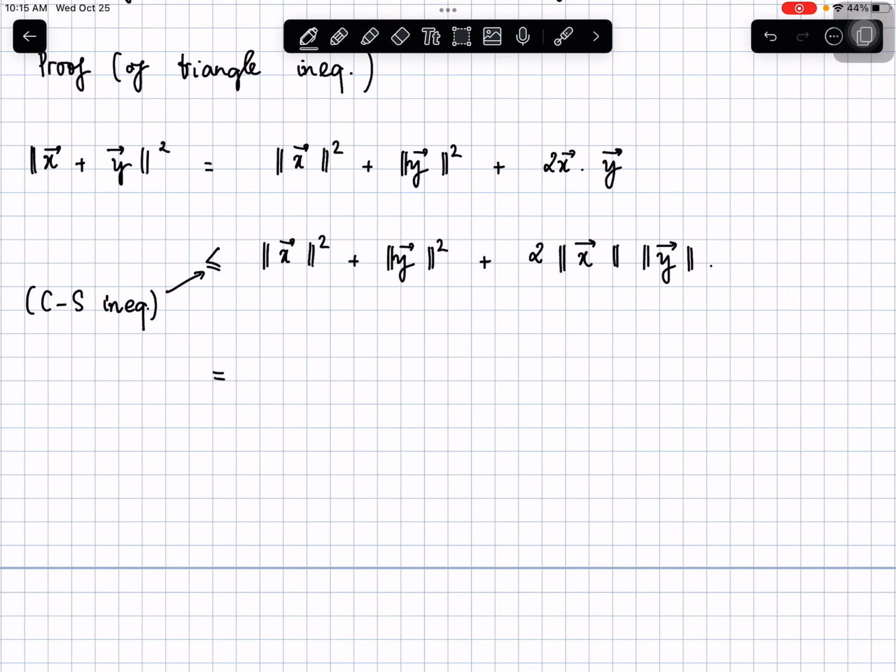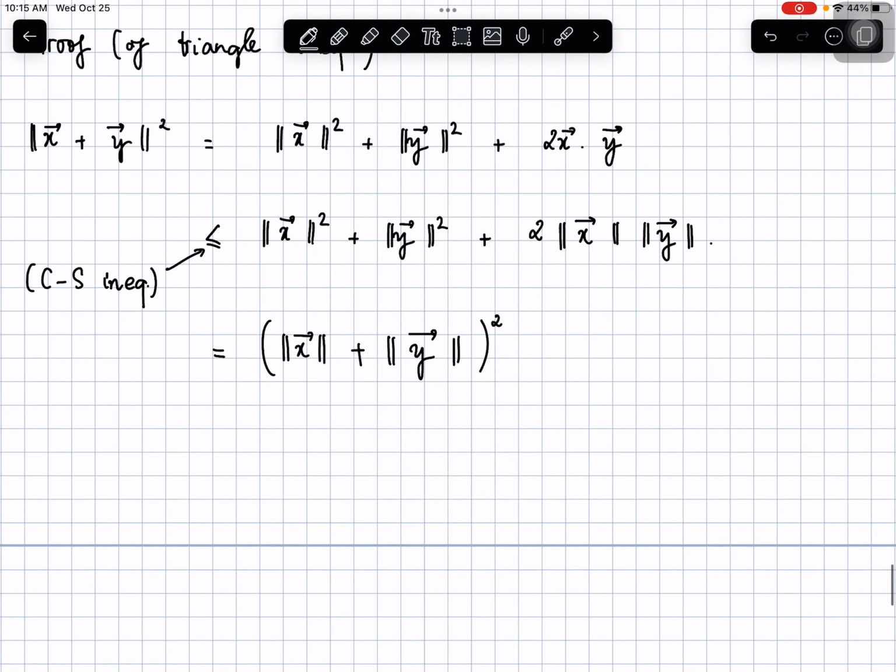So this is the length of x plus the length of y, squared. So this is a scalar, actually a positive scalar, because this is the length of a vector. Big A squared is less than or equal to big B squared, right?